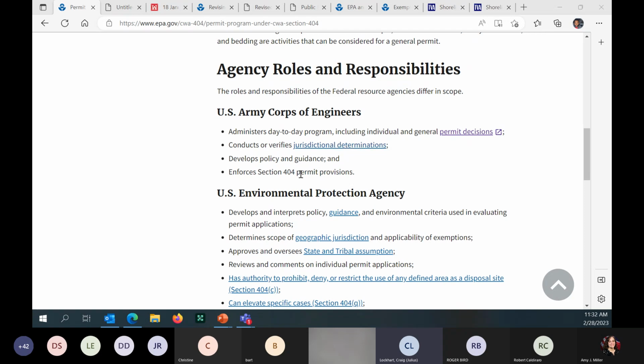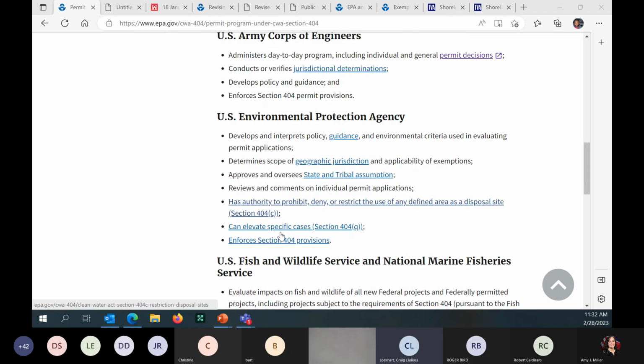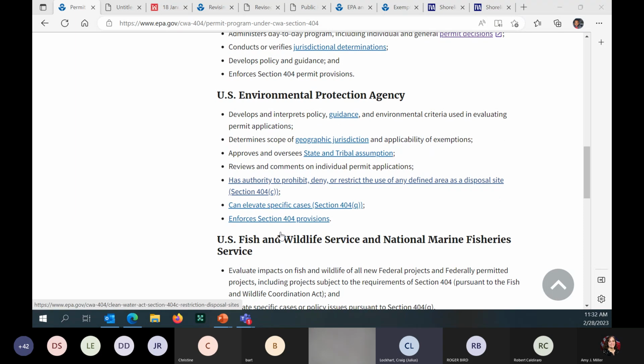They do verification of jurisdictional determinations. They develop policy and enforce the 404 permitting provisions, as does the EPA. The EPA writes the policies in collaboration with the Army Corps of Engineers, reviews projects, and also enforces. And as Amy alluded to, they work with TDEC to ensure that 404 compliance is being met.